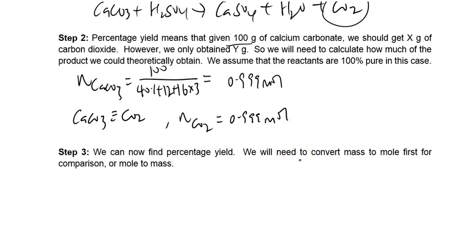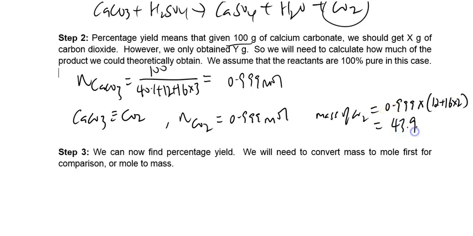So based on this, it means that my mass of CO2 should be 0.999 moles times molar mass, 12 plus 16 times 2. It should be 43.956 or about 43.96 grams.